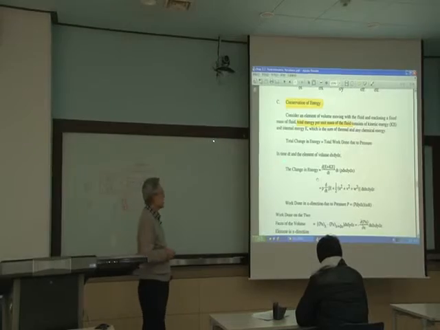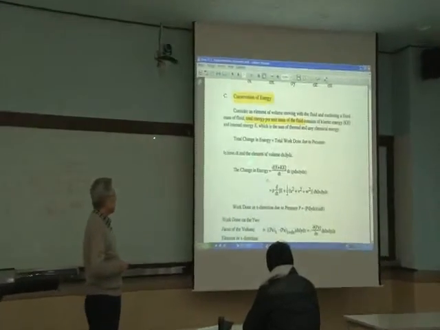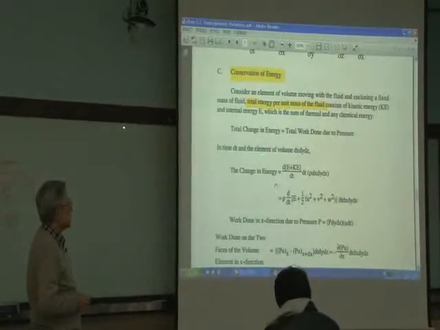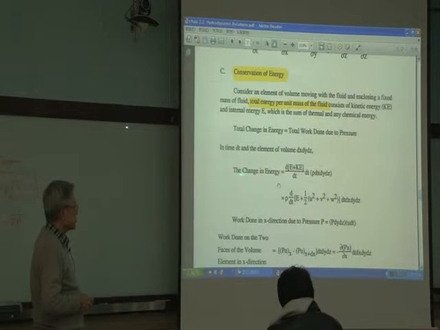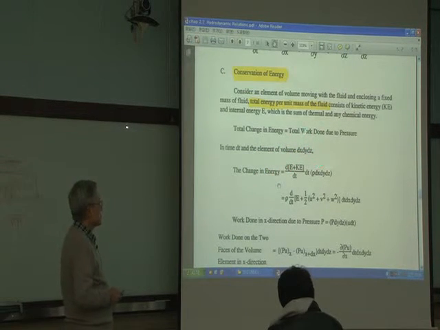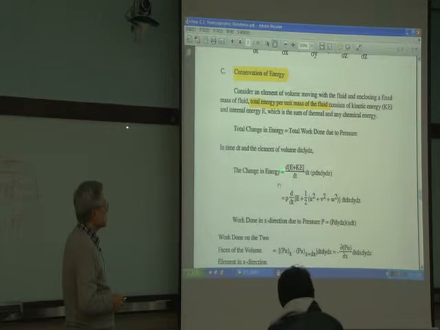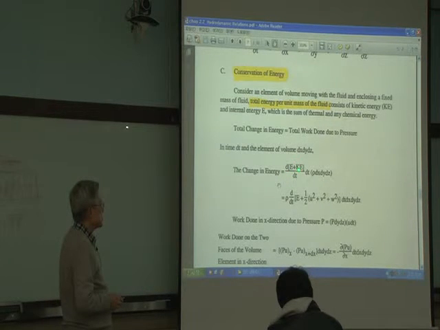Then in time dt and the element of volume dx dy dz, the change in energy is spelled out like this. Then this is equal to, just carrying out the differentiation, the first term and the second term. Where's the mass here?